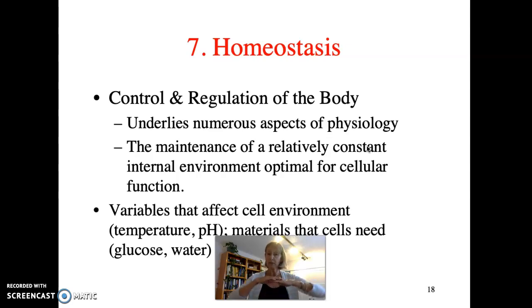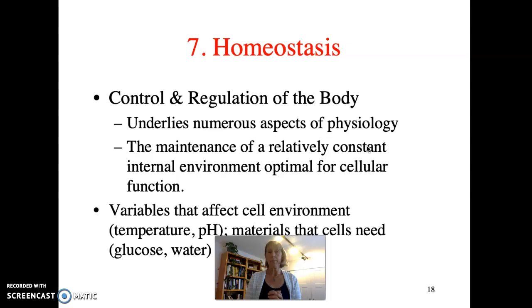Relatively, because it does fluctuate a little bit. So, as a definition, you have it here, the maintenance of a relatively constant internal environment. And that is going to be optimal for cellular function. So this is probably, if I had to pick one, I think homeostasis is probably the most important concept in physiology.